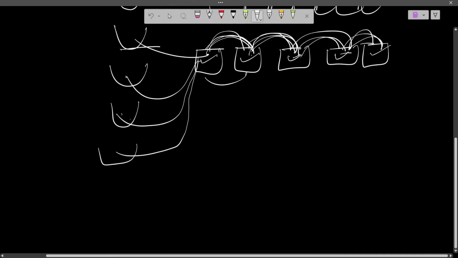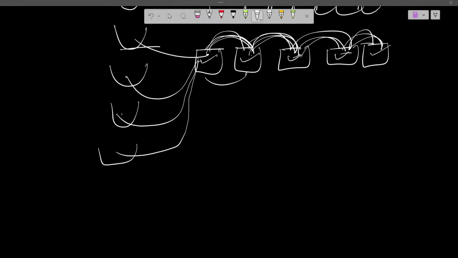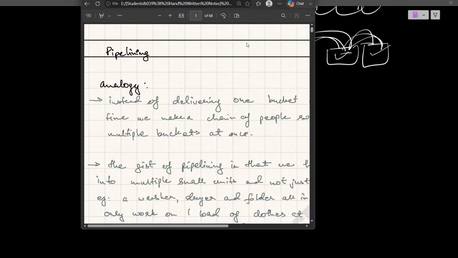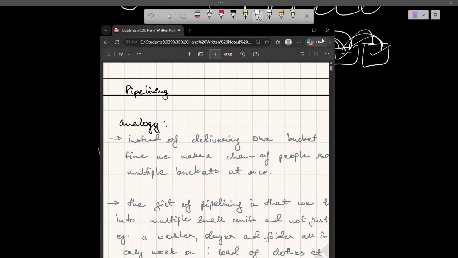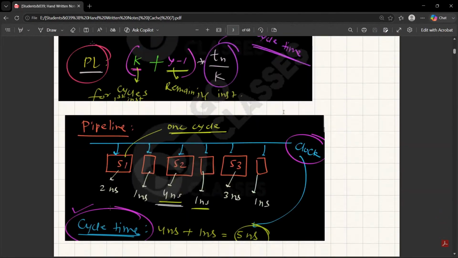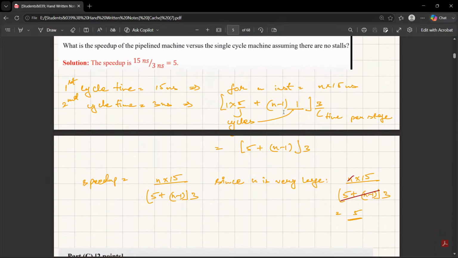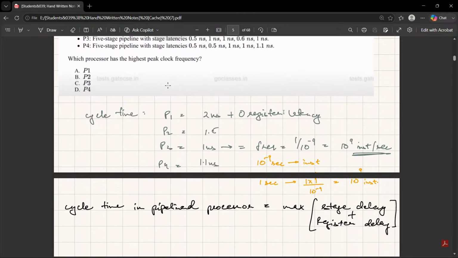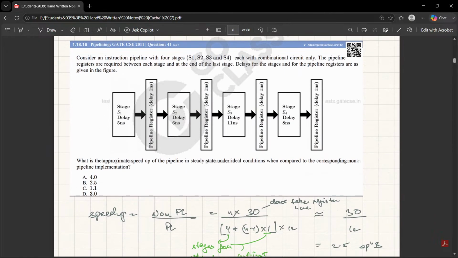By the way, I can show you the notes that I'm gonna follow for pipelining. There's a note, and this note is from GO Classes. You guys can search it up: GO Classes computer architecture.